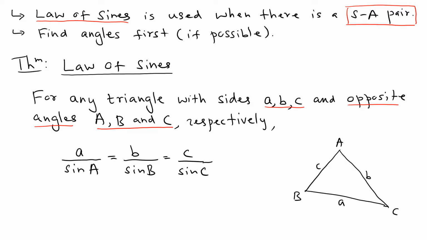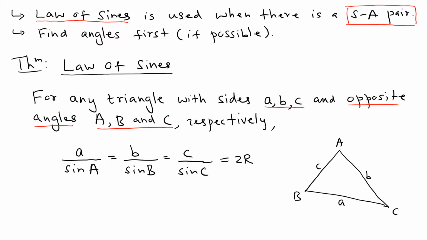Later we're going to know that this is equal to 2 times R, uppercase R. What is this R? When you have any triangle, there is a circle that passes through all the vertices, which we normally call the circumcircle. So let's draw the circumcircle.